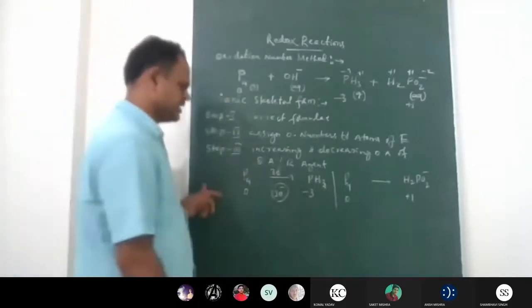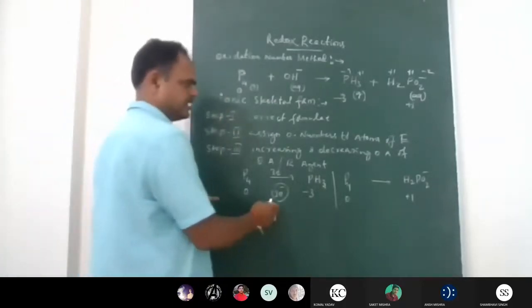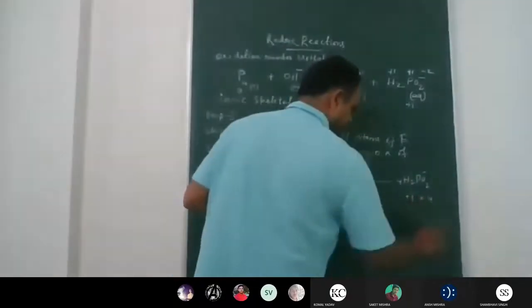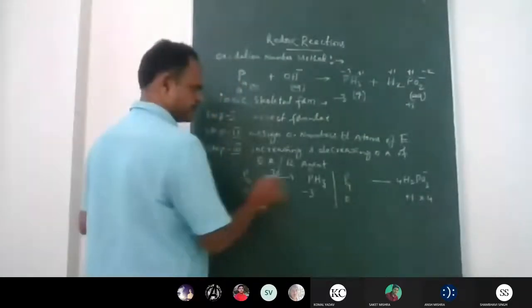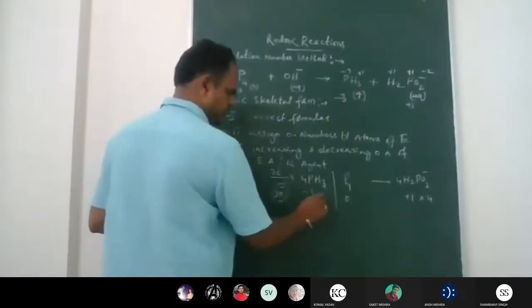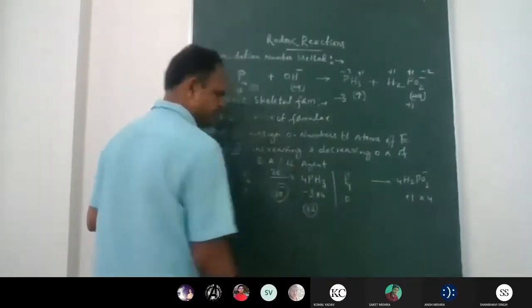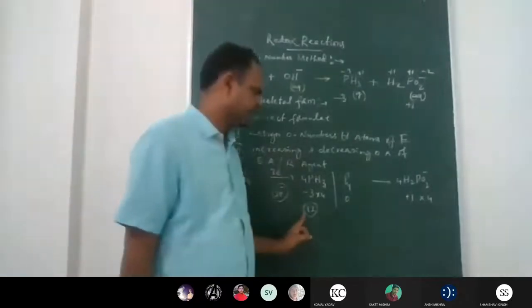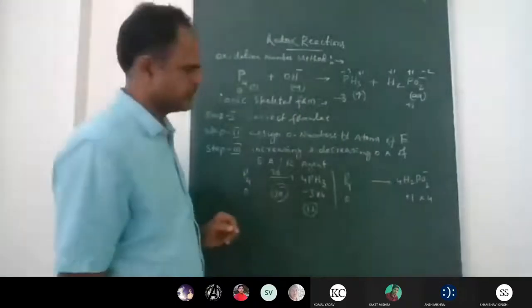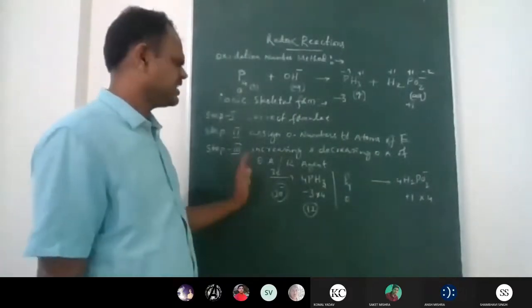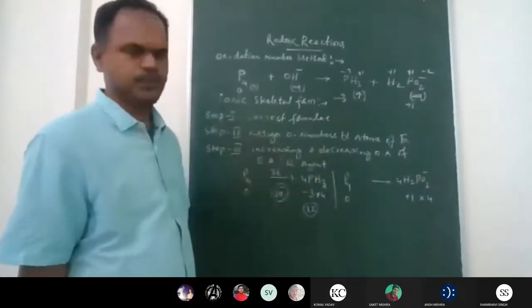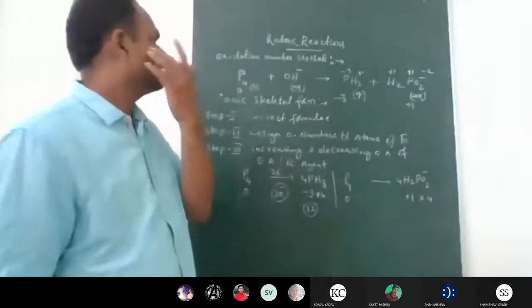Since there are 4 phosphorus atoms, 1 is multiplied with 4, and 3 into 4 on the other side. Decreasing means gaining electrons: 12 are gained, and 4 are lost. So gaining number is 12, losing number is 4, and we have to balance that number.